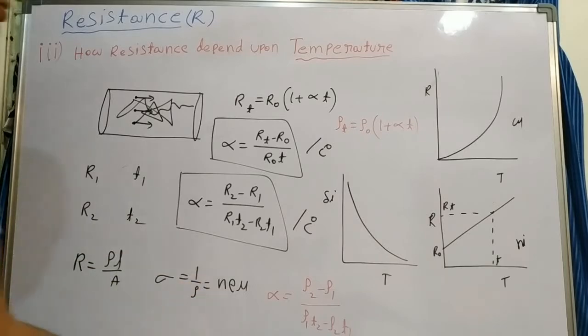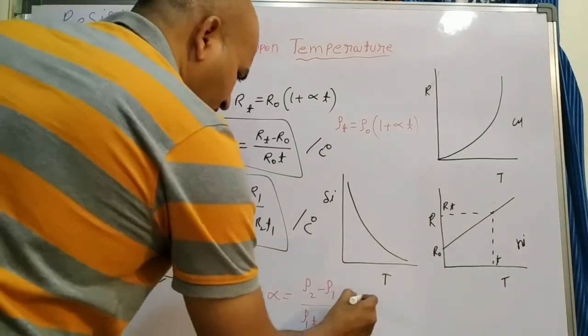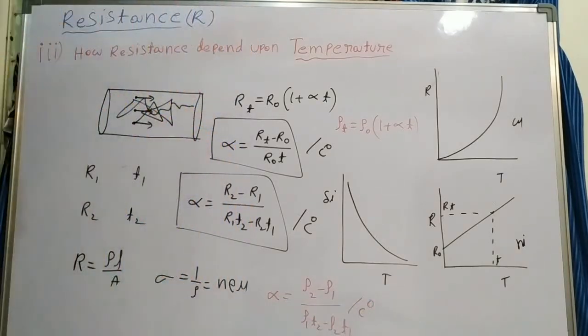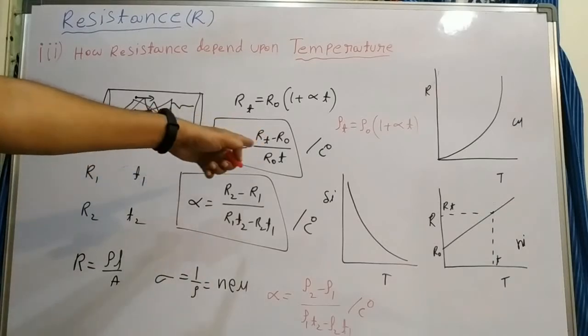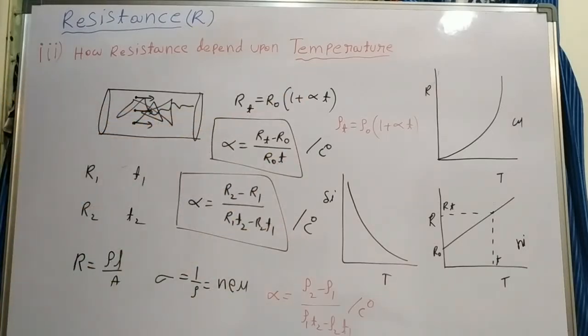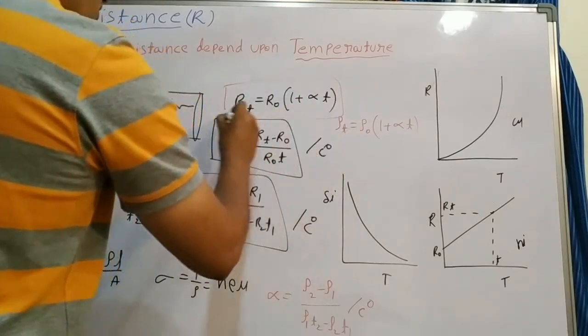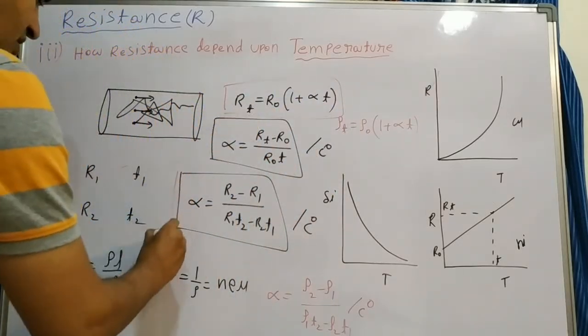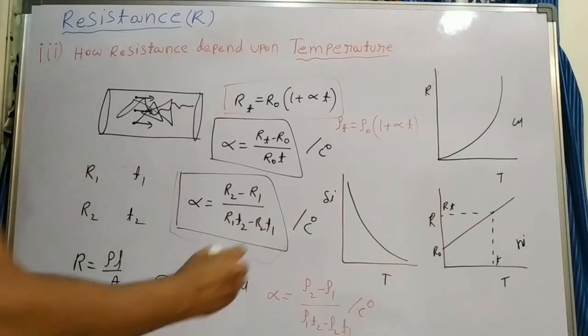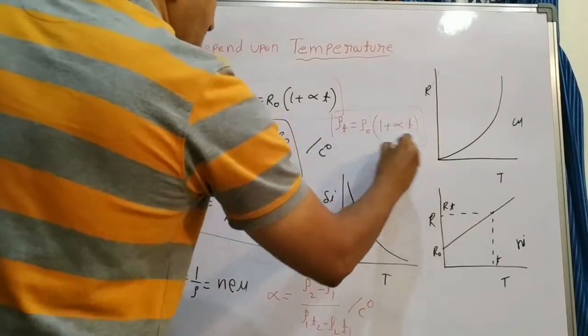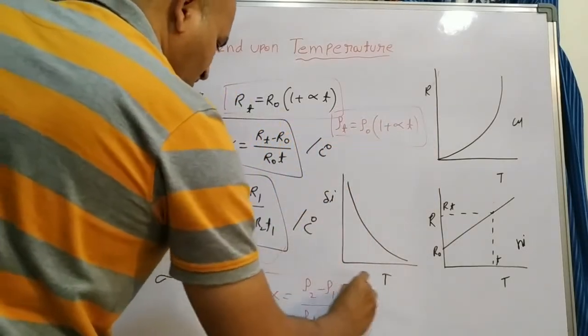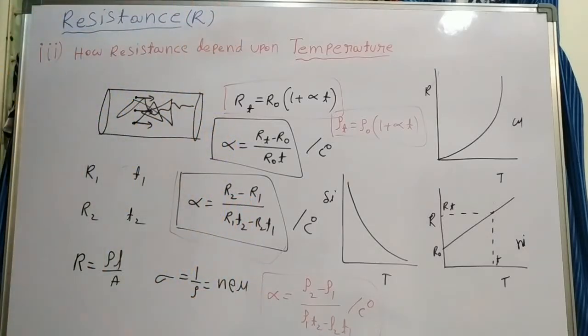Of course, for this also, the units are per degree centigrade. Here also what you get is (rho_T - rho naught) / (rho naught into T). So this is how resistance changes with temperature. If we take two different temperatures, this shows how resistivity changes. This formula is useful for conductors and insulators.